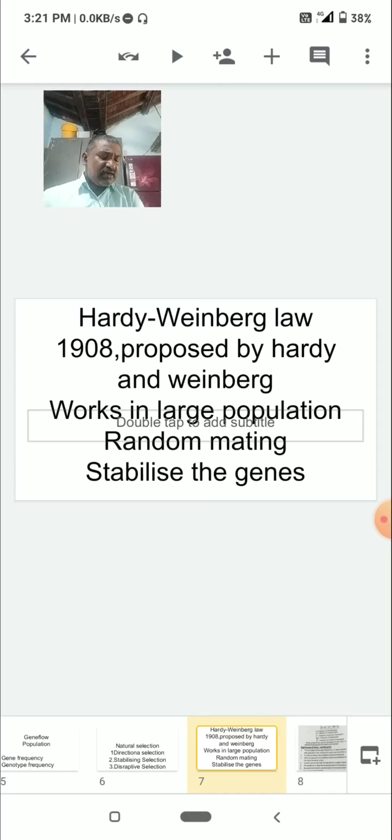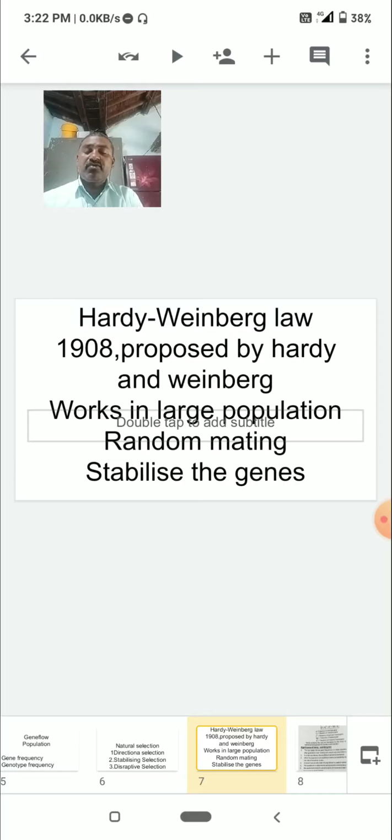Hardy-Weinberg law was proposed by Hardy and Weinberg in 1908. It states that the gene frequency of various genes of a population remains constant generation after generation when the population is large, mating is at random, and in the absence of mutations, selection and migrations. When the gene frequency remains constant generation after generation, the population is in genetic equilibrium, or Hardy-Weinberg equilibrium.